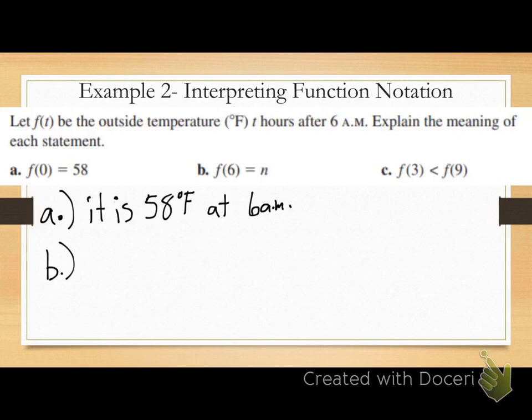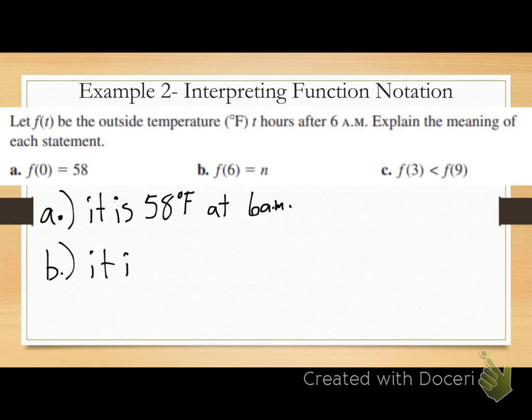Well, let's talk through this real quick. What's our t value here? 6. They replaced t with 6. Does everyone see that? So, what time are they talking about? 12 p.m., right? Because this is 6 hours after 6 a.m., so it's 12 p.m., noon. So your f of t value is the outside temperature, so what is the temperature at noon, in degrees Fahrenheit?